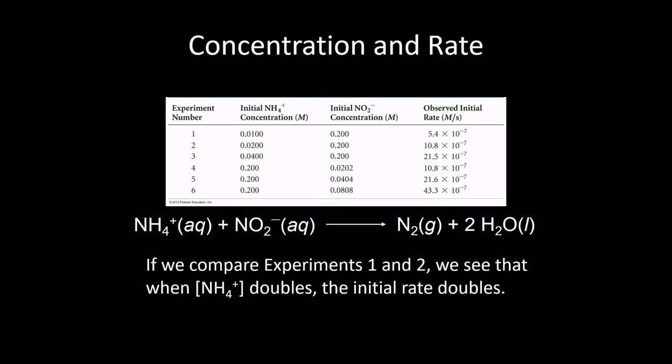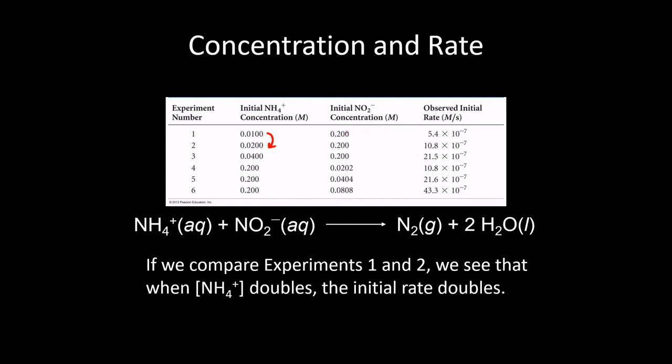So if we look at experiments 1 and 2, what we see is that when the ammonium doubles, keeping the nitrite the same, notice that nitrite does not change here. The reason we do this is because any change we see in the rate, we know is for sure due only to the ammonium, because the nitrite didn't change at all.